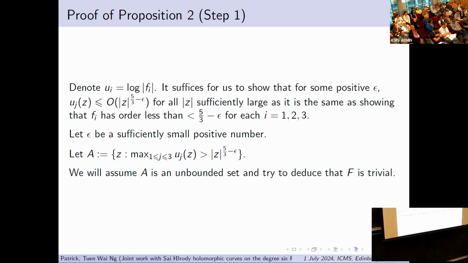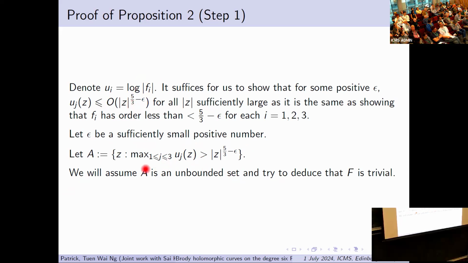Let us define A to be the set of points so that this is not satisfied. You take the maximum of u_j, and it is greater than this number here, this order of growth. Now we are going to prove the following. Our goal is to try to prove that this A is bounded. If A is bounded, then you get this estimate for sets sufficiently big.